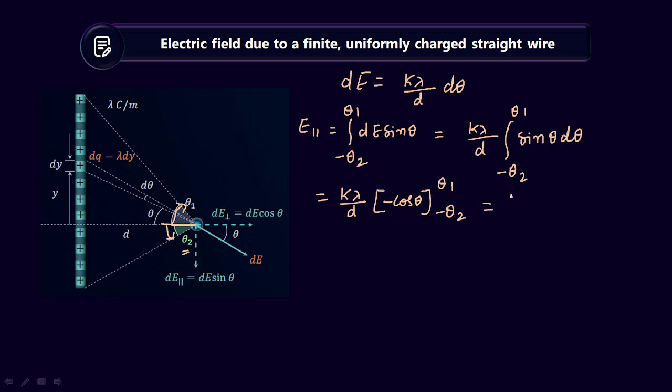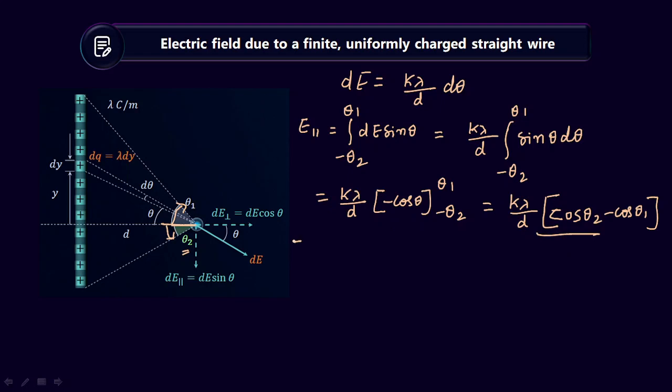So this we can write as k lambda by d, and cos of minus theta is cos theta only. So we can write it as cos theta 2 minus cos theta 1, with the minus sign adjusted. So we got E parallel.